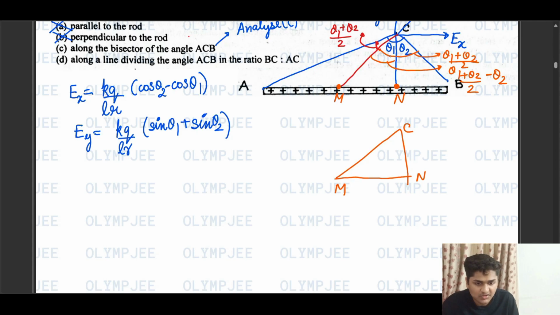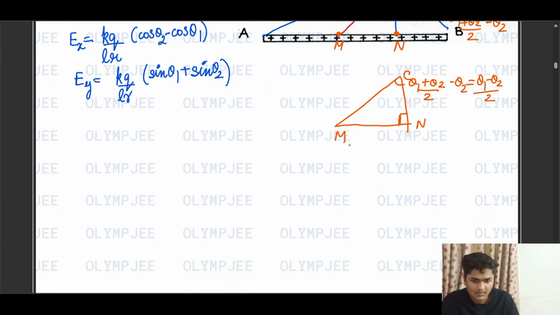If we subtract this from this whole angle, this will become theta 1 plus theta 2 minus theta 2, so this is equal to theta 1 minus theta 2 by 2. And this is a 90-degree angle. So if angle MCN is equal to theta 1 minus theta 2, then C is correct, right?